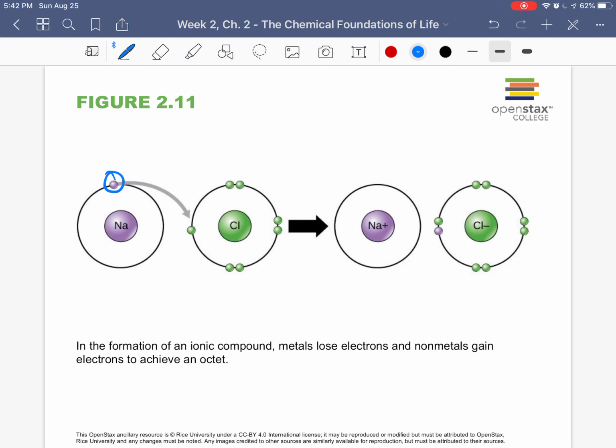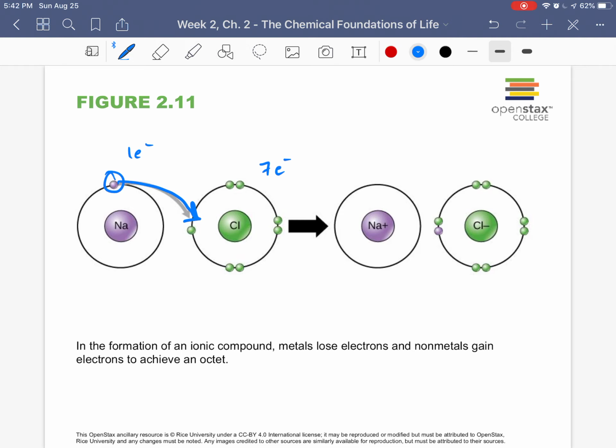So sodium has 1 electron in its valence electron shell. So it is not in a stable place, right? Because it's not full, or it's not 8. Chlorine has 7 electrons in its valence electron shell. It is not stable. It doesn't have a full valence electron shell, and that valence electron number is not 8. So what happens is the chlorine will actually pull that extra electron from sodium into its electron cloud.